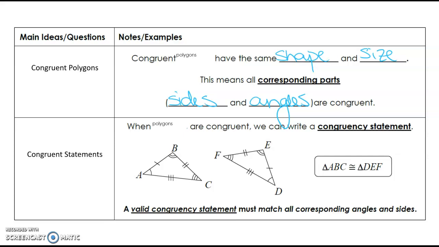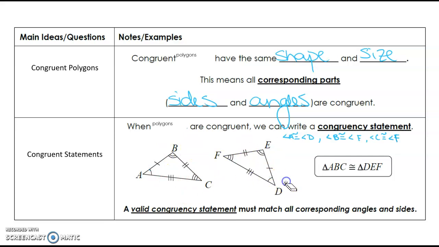If we have triangle ABC and triangle DEF, we know because of the markings on our triangle in the corners here that angle A is congruent to angle D, and angle B is congruent to angle E, and angle C is congruent to angle F. We can tell the same type of thing based off of our sides.